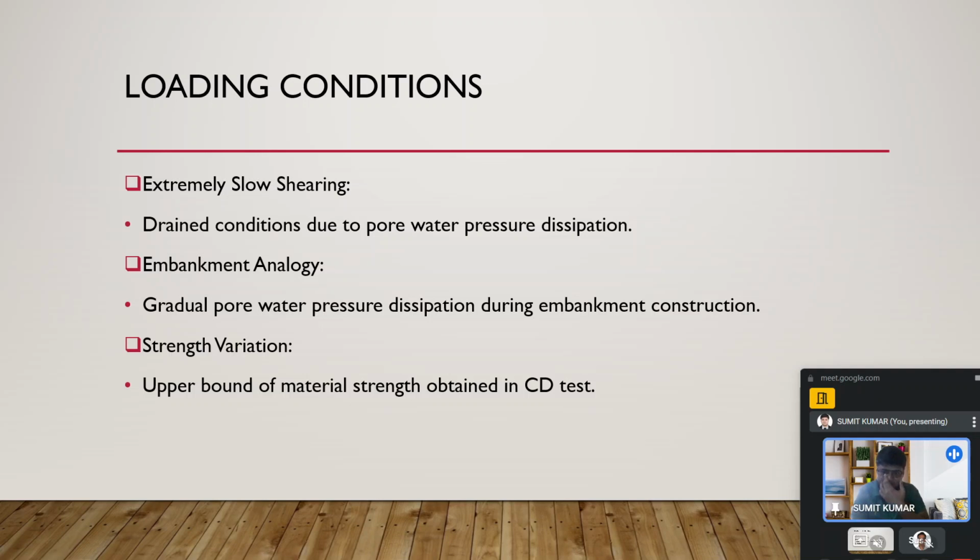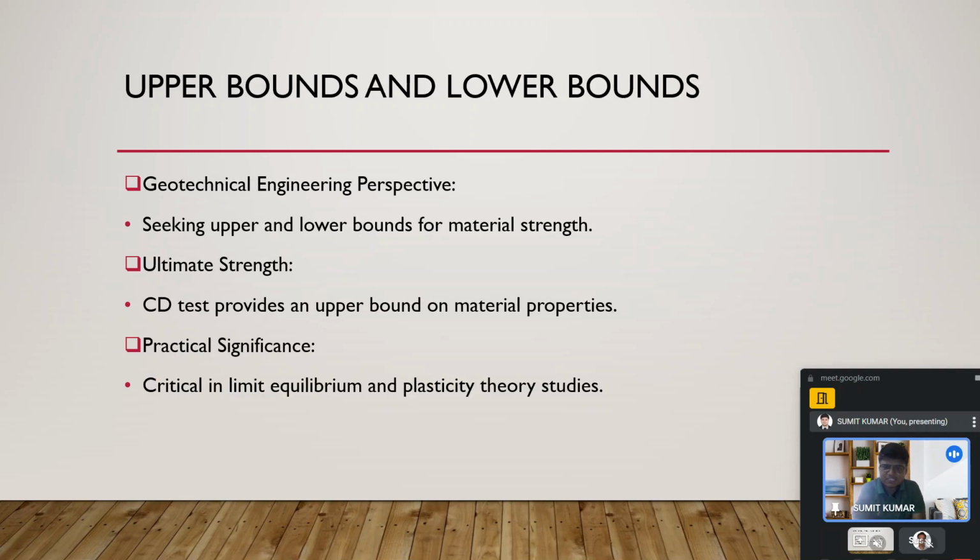And when we talk about the strength variations, the upper bound of material strength is obtained with the help of the CD test. Basically, by upper bound we mean the maximum strength that a specific section can take, which would be found with the help of the CD test, because in this case the water is allowed to flow out in both stages, the confining stage as well as the shearing stage. So these points are clear.